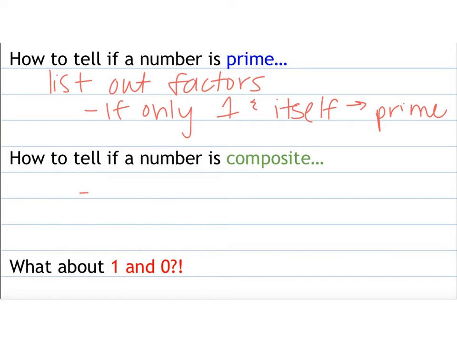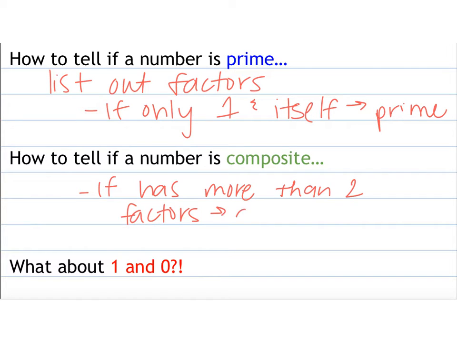If it has more than two factors, then it's a composite number. So we'll get to some examples, but list out all the factors. Sorry, 2 factors, it's prime; more than 2, it's composite. There we go, 1 and itself, so 2 factors, and it's prime.